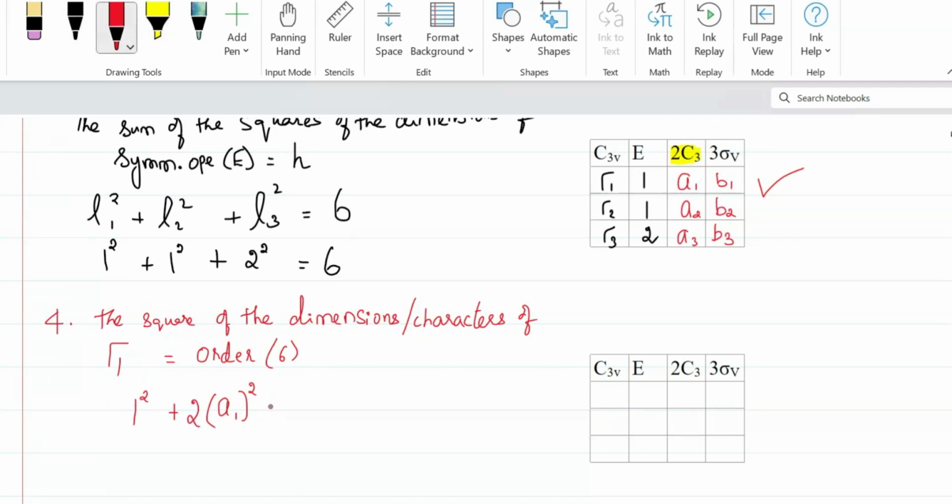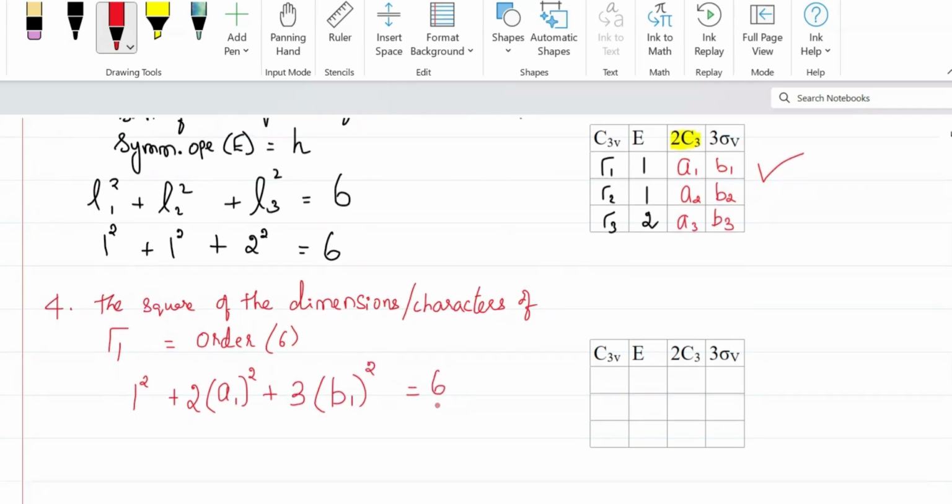So 2 plus, we need to take the number of operations in each class, so the next is 3 sigma v. So we are taking 3 and the character, it is B1 squared. And it should be equal to what? 6. Now tell me, this will be satisfied only if we consider A1 equal to 1 and B1 equal to 1. Then it gets satisfied.